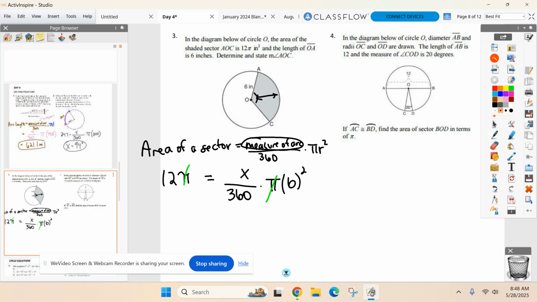And go ahead and solve. You'll see no rounding directions in the problem because none are needed.